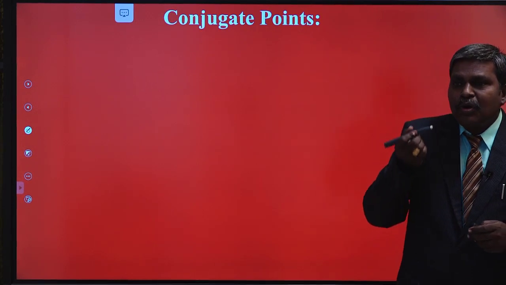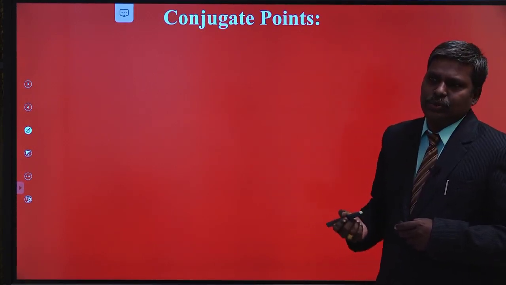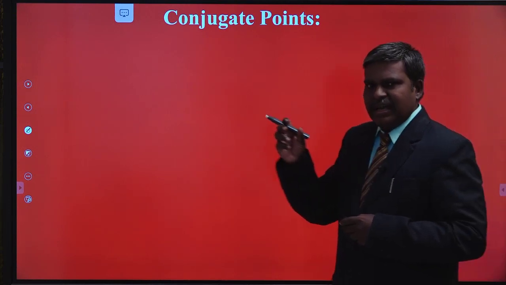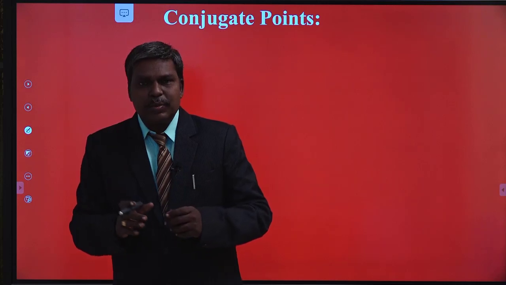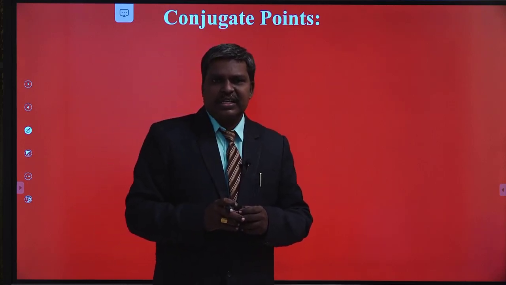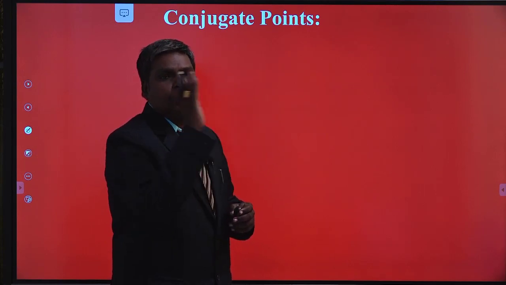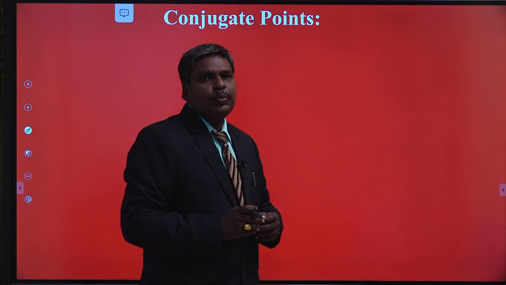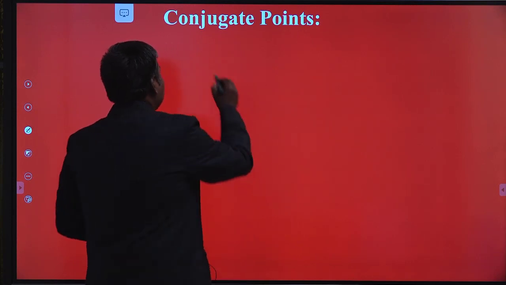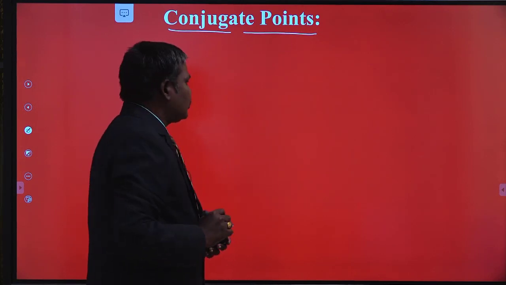We mean the polar of P passes through the other point Q. x1, y1 and x2, y2 are two points. These are said to be conjugate points with respect to a circle if the polar of P passes through Q. The polar of P passing through Q, then we say that the two points are conjugate points with respect to the circle. This is the definition of the conjugate points.